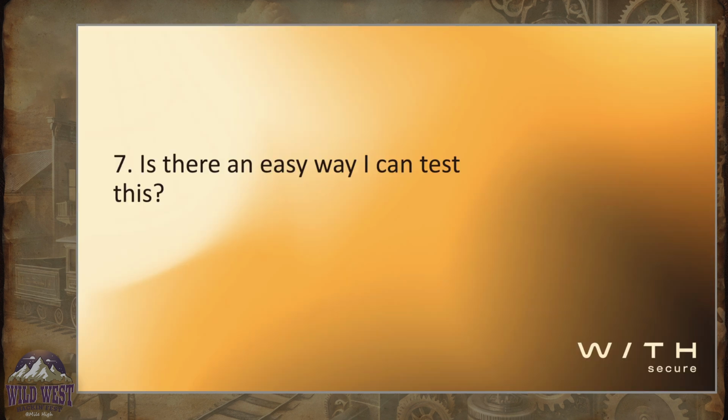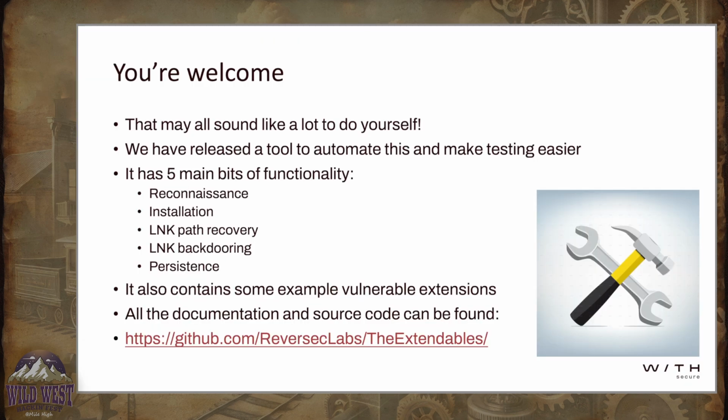So yeah. And then the final thing I want to talk about is, is there an easy way that you guys can test for this? And yes, it might sound like a lot to do for yourself. So we've made a tool to automate this and make testing easier. It's only on Windows at the moment, and it has 5 main bits of functionality. So we've got reconnaissance, which will look at all the extensions it can see installed on the machine.